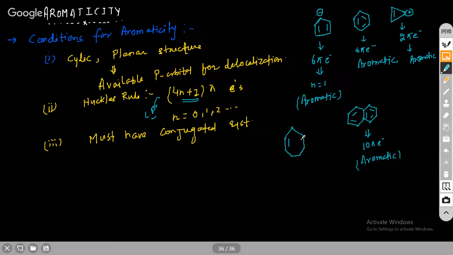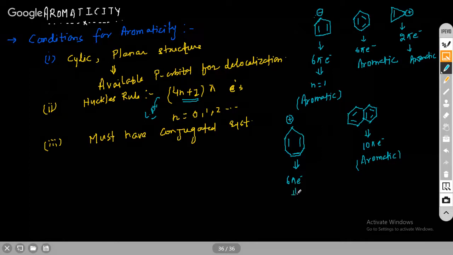Okay. Double bond here, and we have a double bond here. Positive charge here. How many pi electrons do we have here? 6 pi electrons.